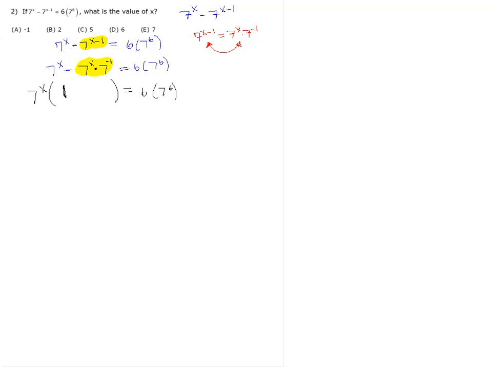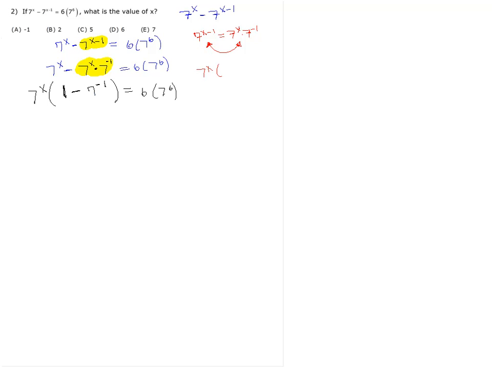Okay, so the minus sign is still here. That hasn't changed. And now when I pull the 7 to the x out of the yellow term, I'll be left with 7 to the minus 1. Now let me break that out too, because a lot of students are unsure about this step. I'll do it in red as well.